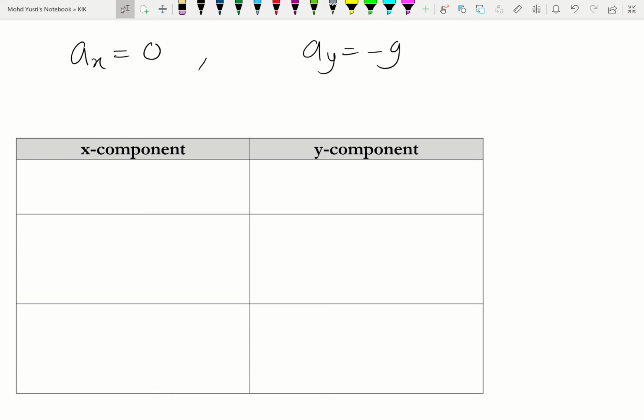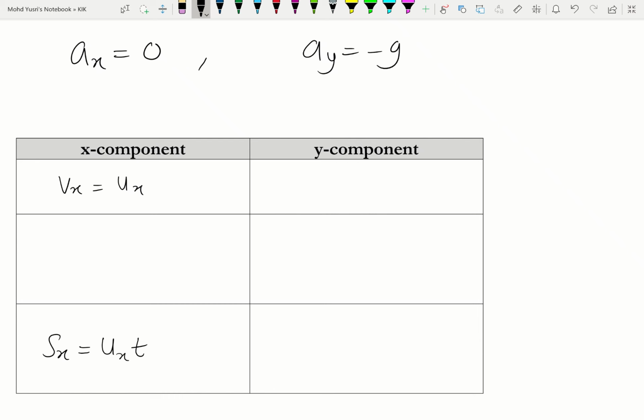For the x component, we end up with vx is equal to ux, and sx is equal to ux times t, because acceleration is 0.